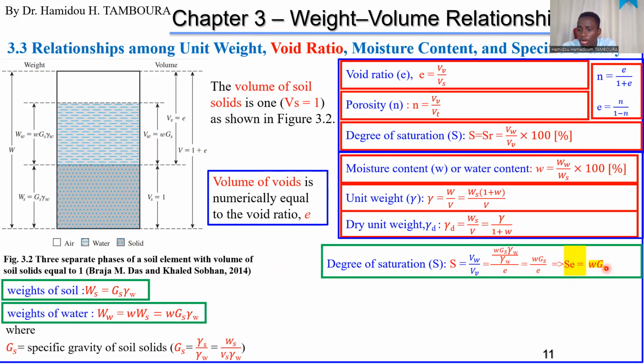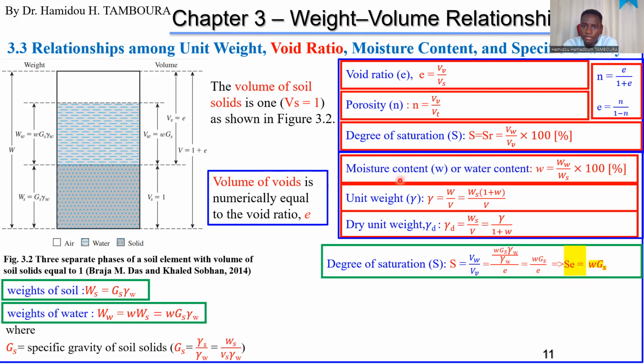This formula is very famous, actually. People use it a lot in geotechnical engineering. S e equals w Gs. Very interesting formula. People use it a lot. So keep it in mind. Okay.